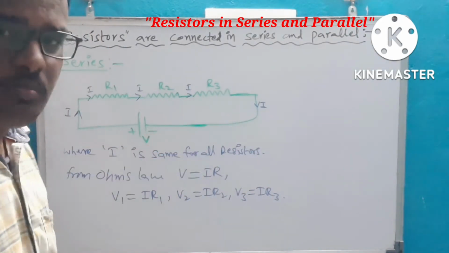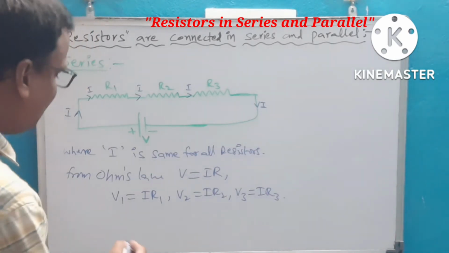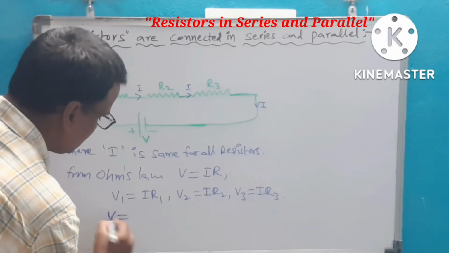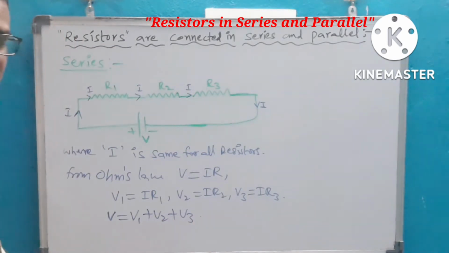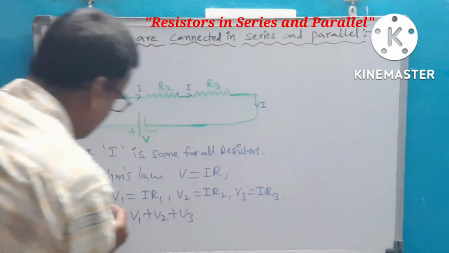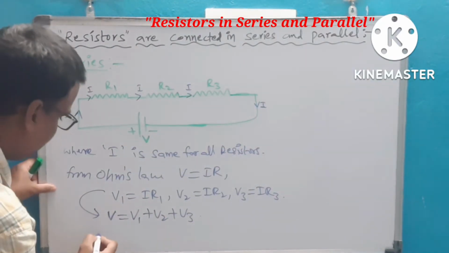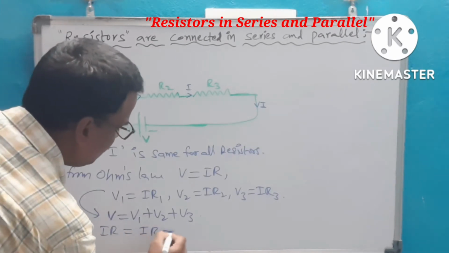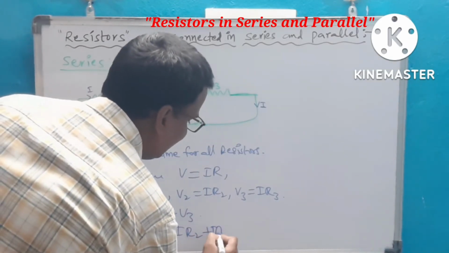But here the potential is not the same for all. That's why the total potential V equals V1 plus V2 plus V3. Substituting all these equations, what do we get? IR equals IR1 plus IR2 plus IR3.